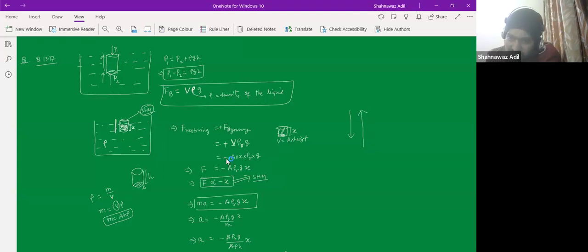This buoyant force is upwards, which is providing the restoring force. The displacement is happening in the downward direction, that is why this minus is here, right?